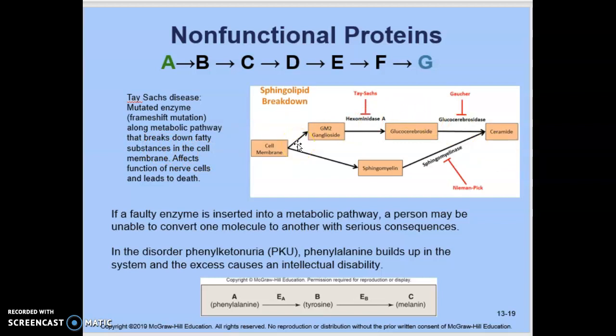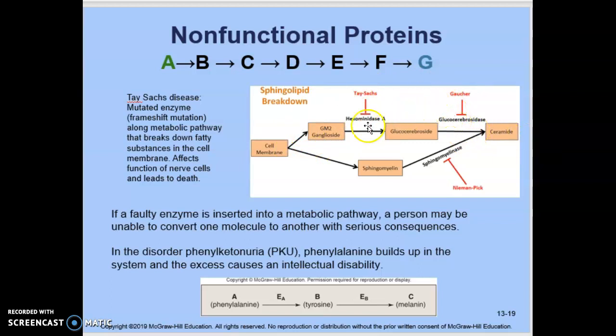Meaning there's too much fatty acid in this cell, and it's going to affect the function of the nerve cells. It does lead to death because your nerve cells cannot communicate with each other. So that's one example right there. And you can see it, metabolic pathways have many, many different steps in them. So there's many places where something can go wrong.